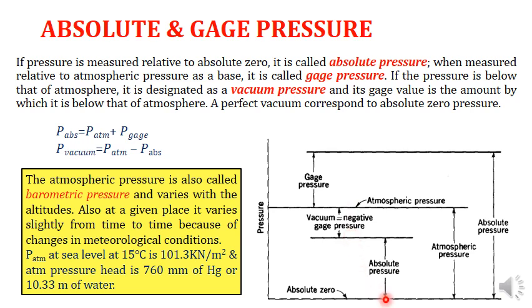So we can come down from the atmospheric pressure, and on the other side we can come up from the absolute pressure. It will be positive in one case, and in the other case it will be negative. You must show the negative sign if the datum point is atmospheric pressure for the gauge pressure. If you consider the datum line as absolute zero and measure your gauge pressures or vacuums from absolute zero, then it will be positive.